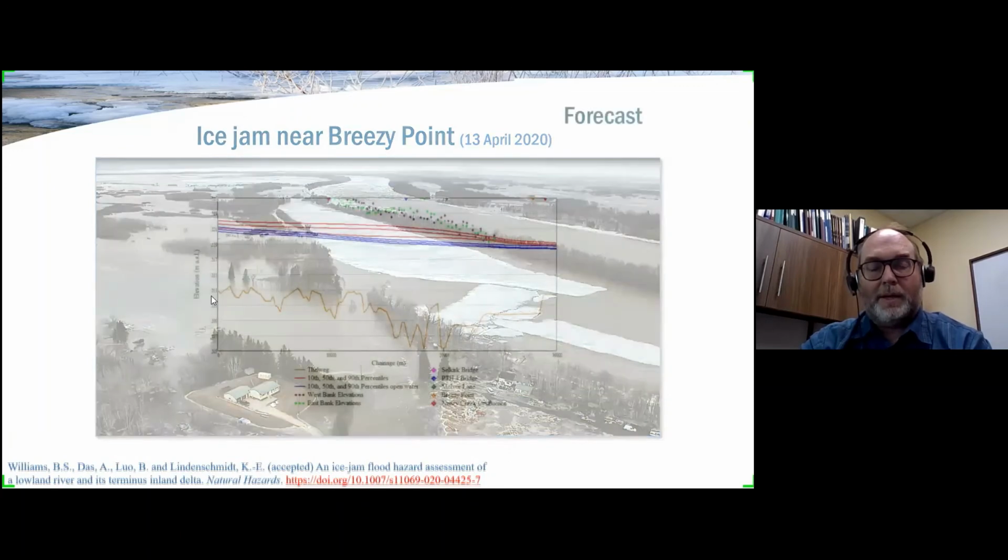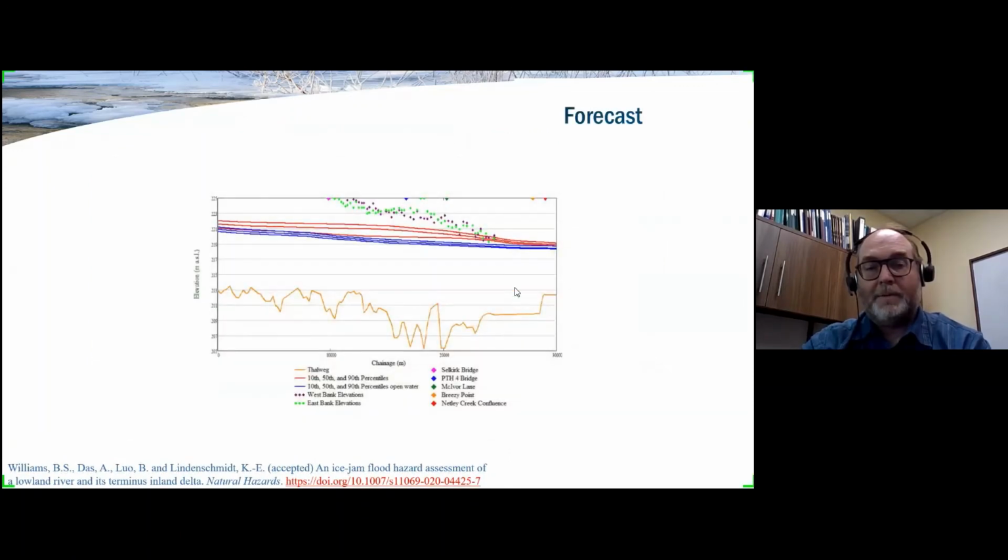And here we have simulations. This is the thalweg of that lower part of the Red River. And we have here in red the 10th, 50th, and 90th percentiles. We also have here some of our bank elevations to see where we could have our potential flooding.